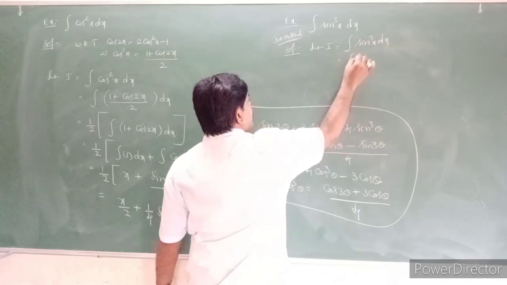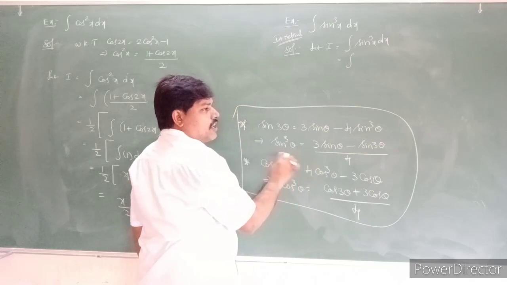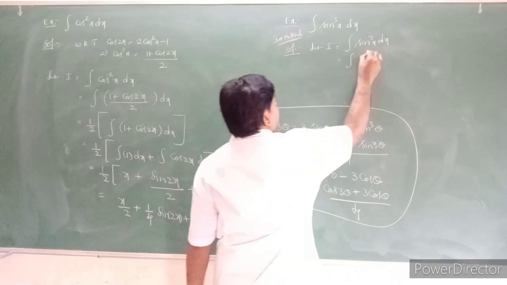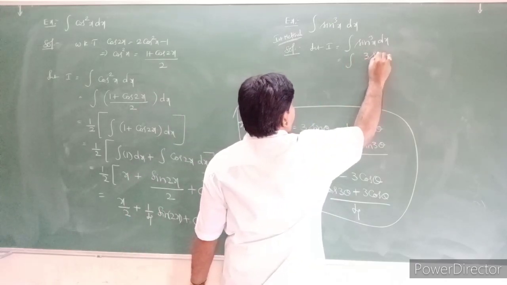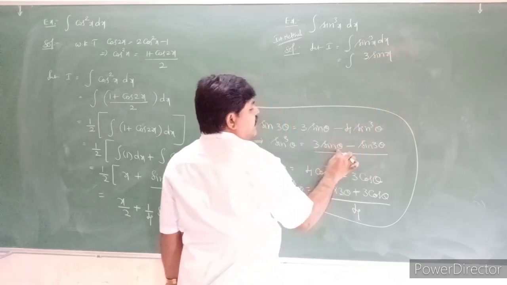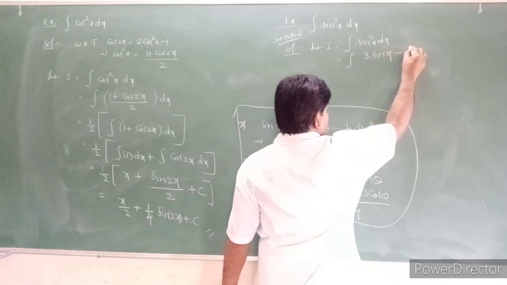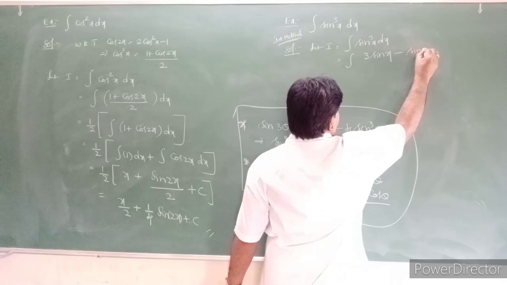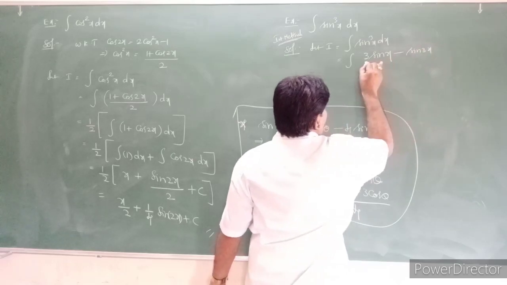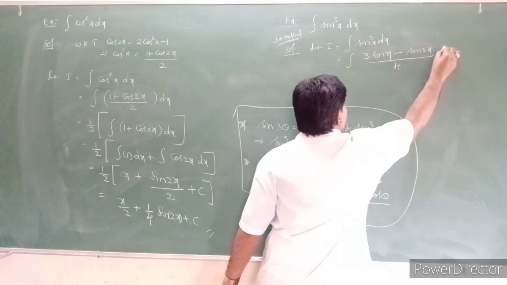So that is equal to the integral of, what is the sin cube x formula? Sin cube x is (3 sin x minus sin 3x)/4 dx.